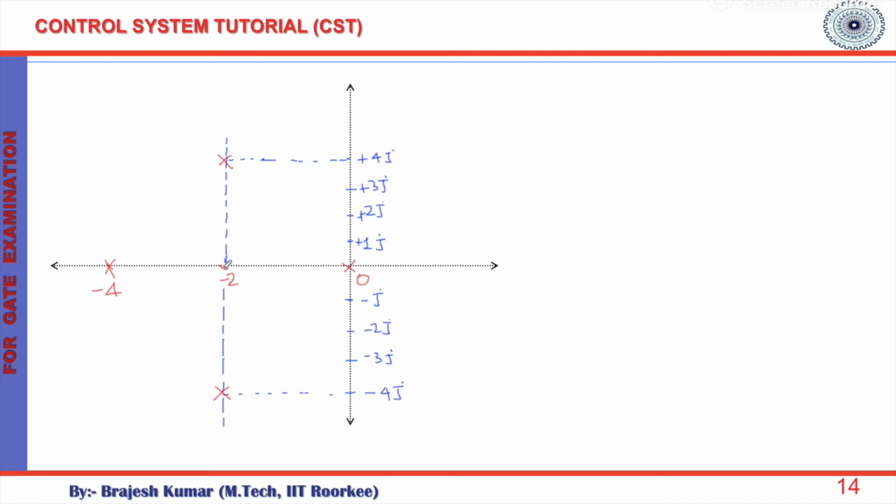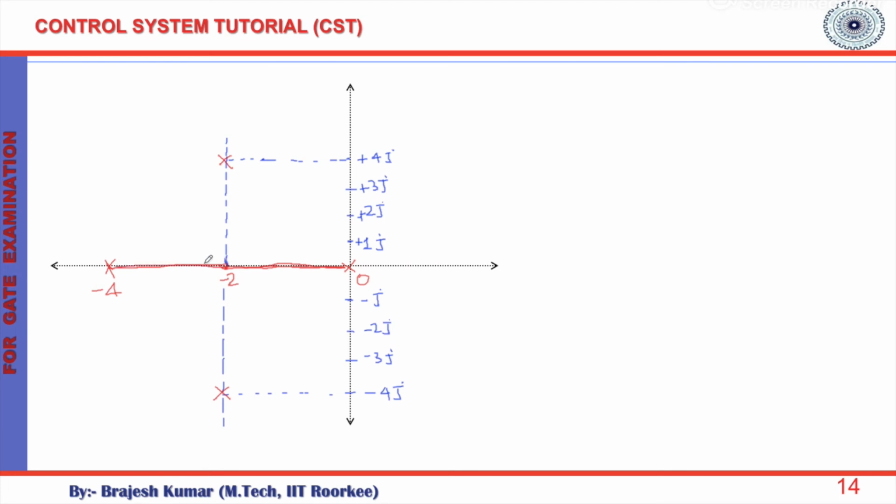That's why this portion of the real axis will lie on the root locus. Coming to this portion, if you look towards the right, we have three poles, 1, 2, and 3. So 3 is once again odd, so this portion is also part of the root locus.